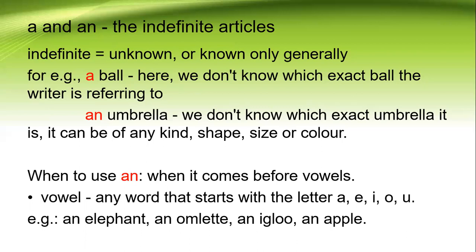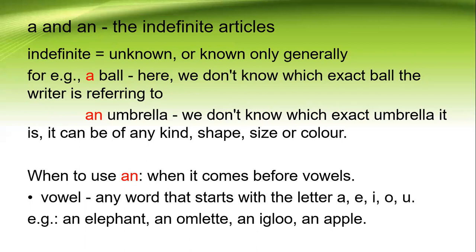A, E, I, O, U. Any word that starts with these five letters is called a vowel. For example, elephant, an elephant, omelette, an omelette, igloo, an igloo, apple, an apple.